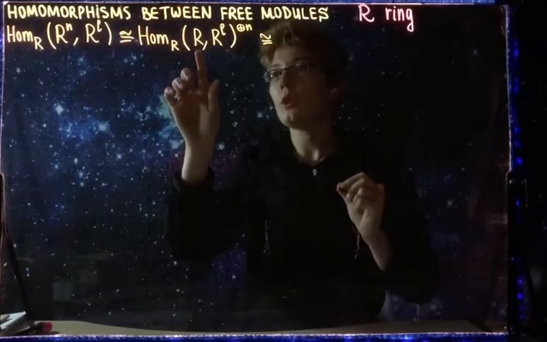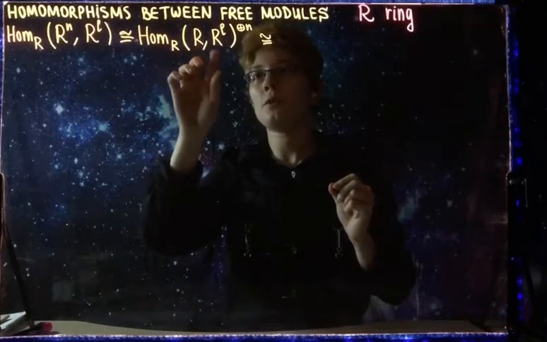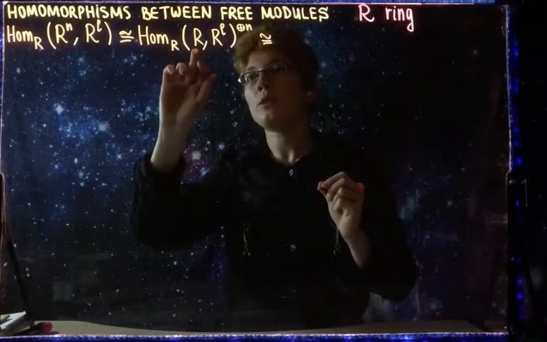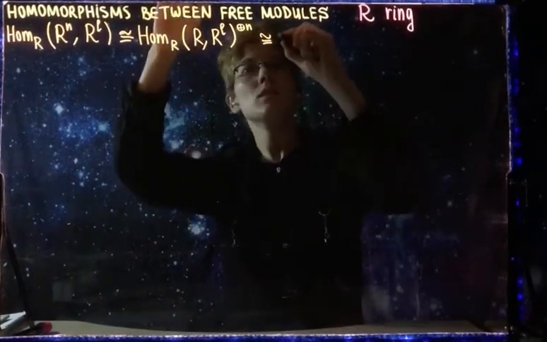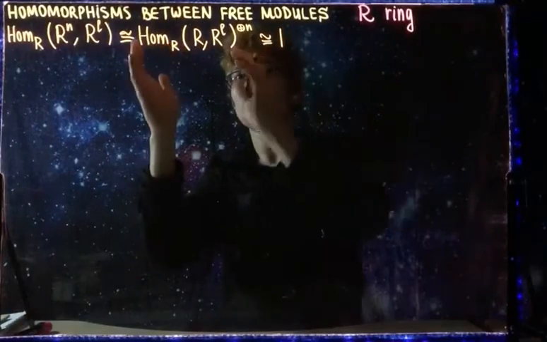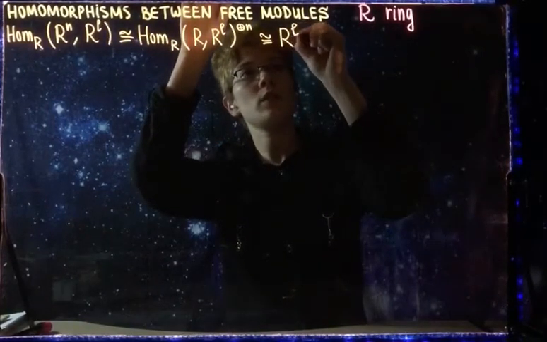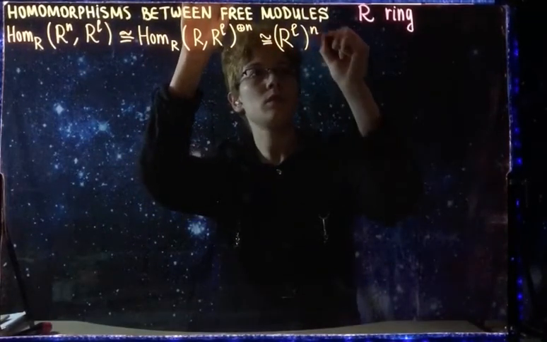And again, because homomorphisms out of R are defined by the image of a unit element, or by the image of 1, we can write that this part is isomorphic to R^l naturally, so we get R^l taken n times.